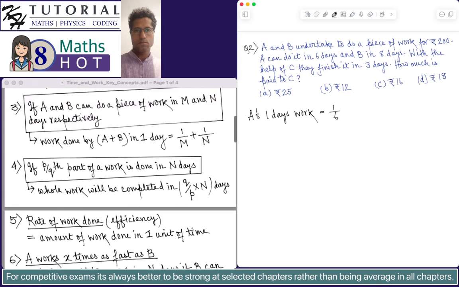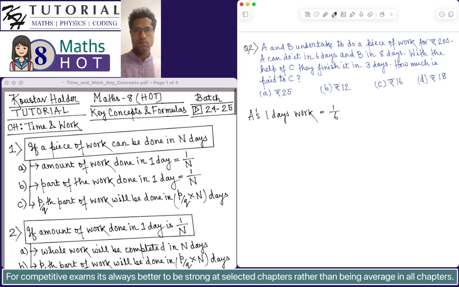This is applying the concept of 1a, where it is given that A can do it in 6 days. Similarly, using the same concept, B's 1 day's work is equal to 1 by 8. Again, applying the concept of 1a. Okay, now let's say we have to assume something.